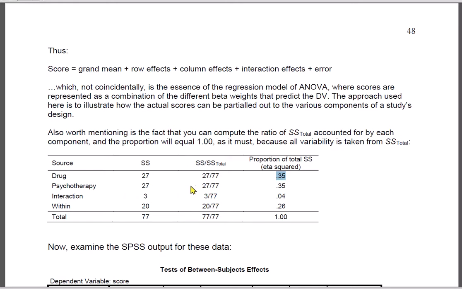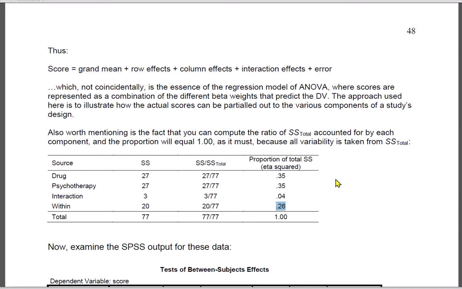The psychotherapy main effect also has a sum of squares of 27. And again, 27 divided by 77 is 0.35. Psychotherapy is explaining 35% of what's going on in this model. Those are really big effects, by the way. The interaction effect is doing almost nothing, and then the noise has 26%, and you can see that they all add up to 1.